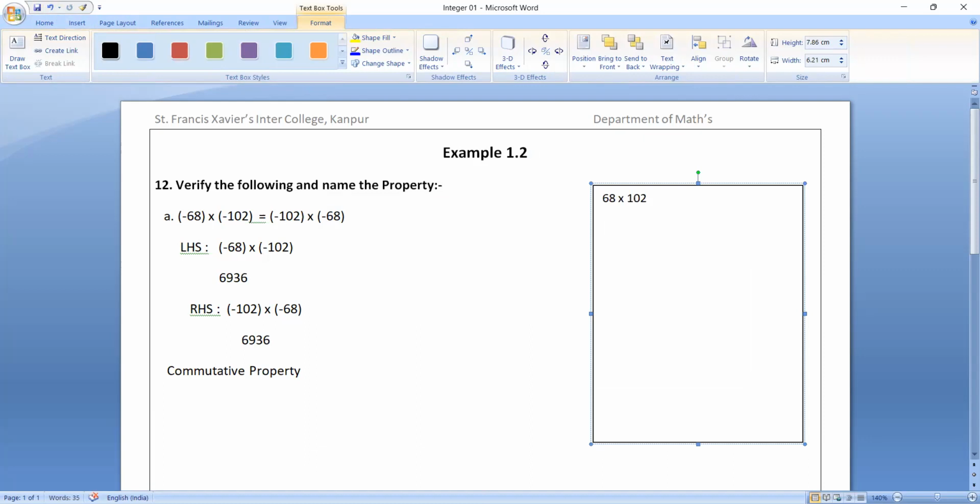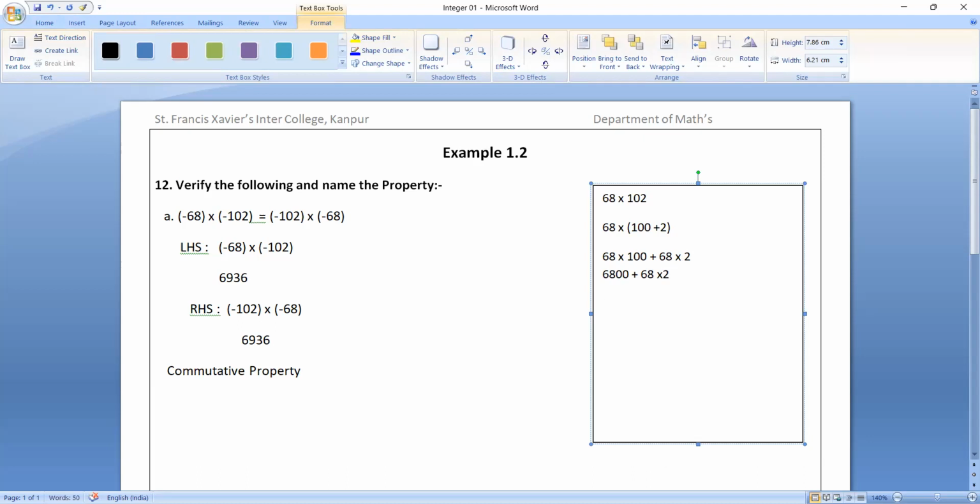I have to break this 102 into two parts, that is 100 plus 2. So 68 into 100 will become 6800, plus 68 into 2.